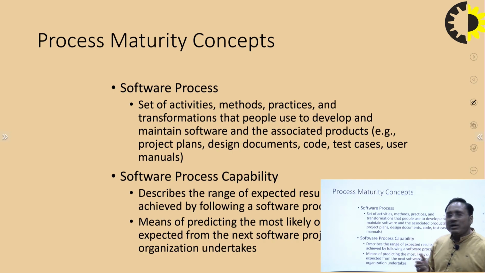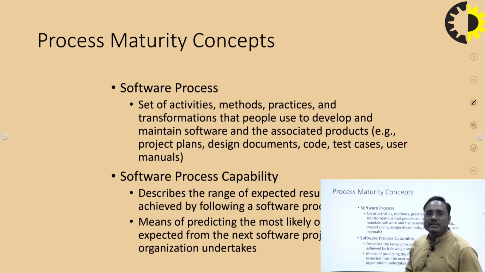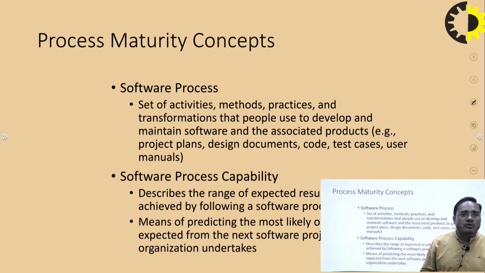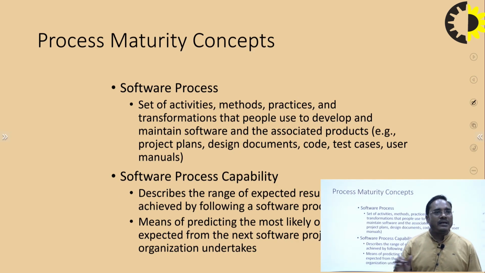And what about the maintenance? If you are going to maintain a software, that is another key important point. Maintaining software and the associated processes, for example product planning, product design, cost, test cases and user manual. These are the maintenance part.